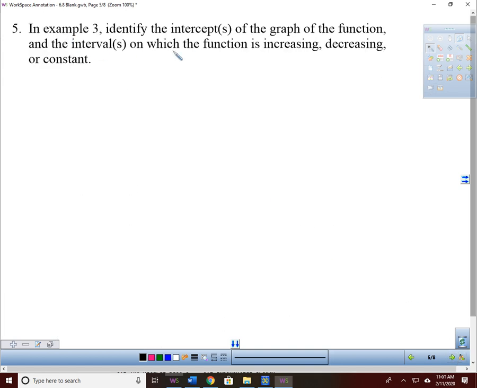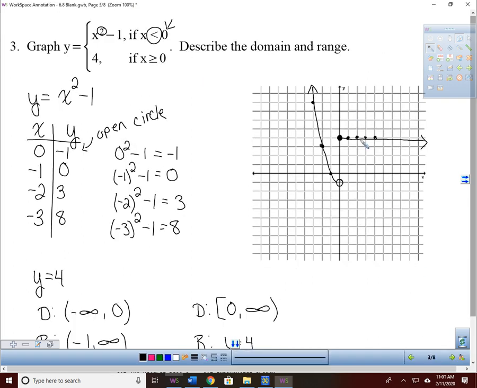All right, in example 3, identify the intercepts of the graph of the function and the intervals on which the function is increasing, decreasing, or constant. So if we look at example 3, let's talk about intercepts first.